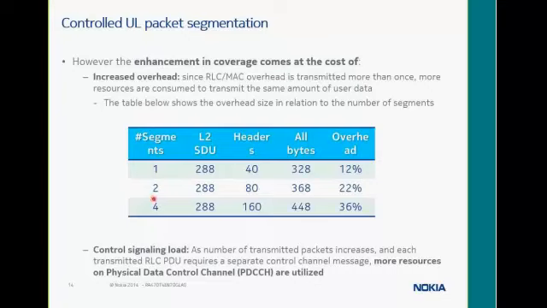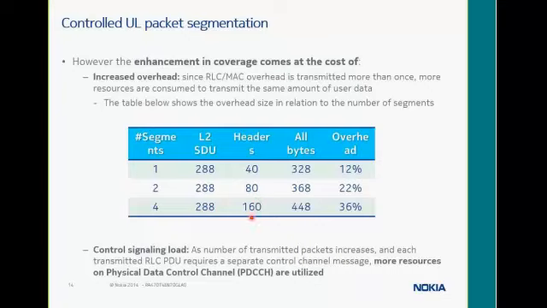So these are in bits. Now if I break it into two parts so that we can transmit it, I'm still transmitting the same 288 bits, but now I have 80 bits of header, meaning I have 368 bits total, giving me a 22% overhead. If I break it into 4 segments, taking that single packet and breaking it into 4 parts, I'm going to have around 72 bits per transmission.